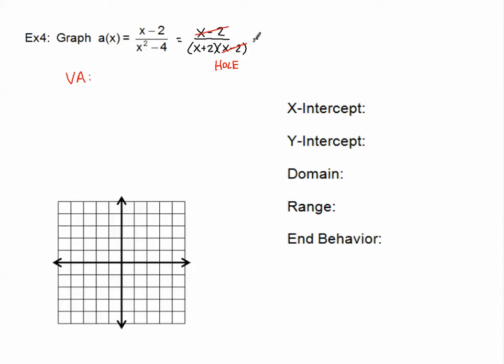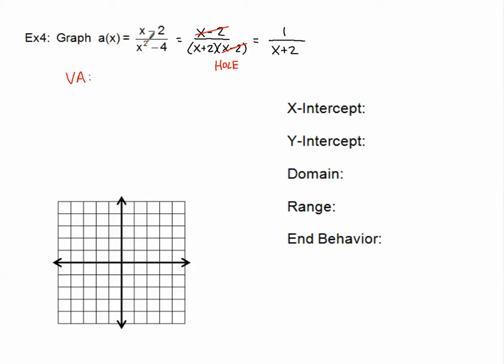Now let's keep going and see what this actually is equal to, because now there's nothing in the numerator except the 1, and the denominator is just the x plus 2. So this is really the function that we're talking about, because we took a hole away from the original. So now when I'm talking about vertical asymptotes, there is actually only one.